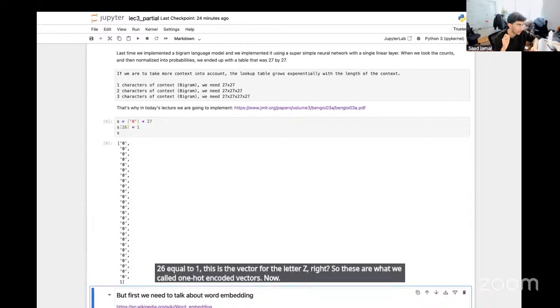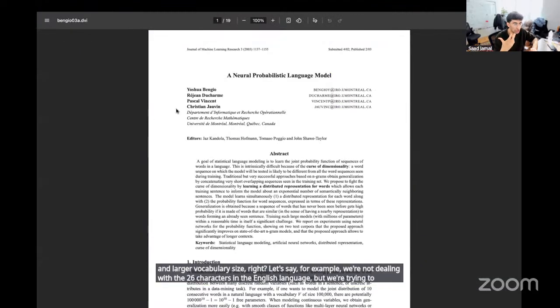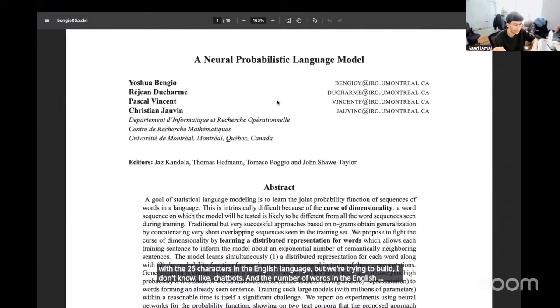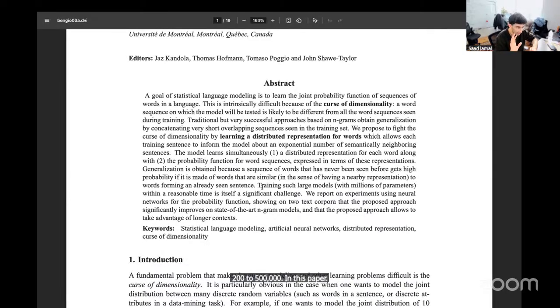Now, as you can imagine, if we have a larger and larger vocabulary size, let's say we're not dealing with the 26 characters in the English language, but we're trying to build, I don't know, chatbots, and the number of words in the English language is probably at least 200 to 500,000. In this paper, he keeps his vocabulary size at 17,000.